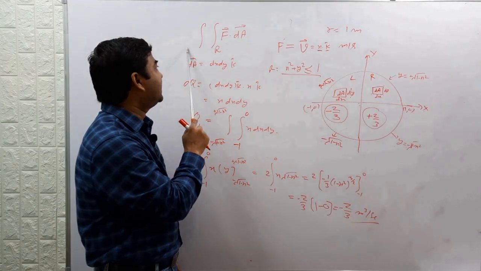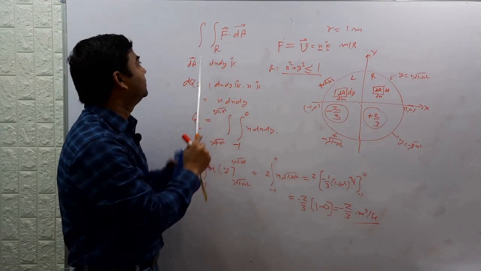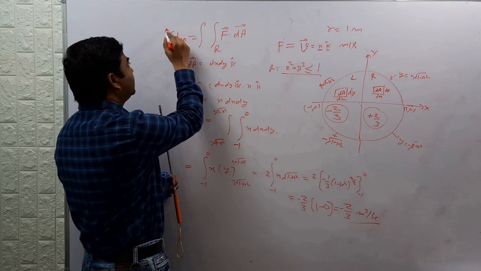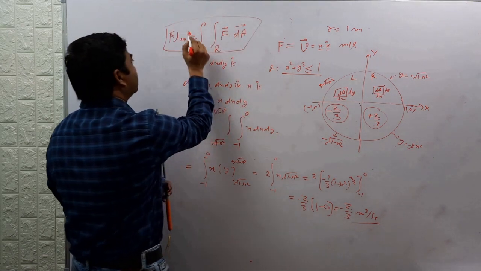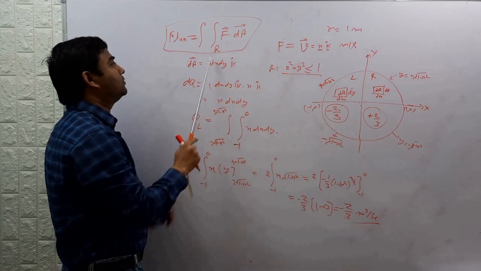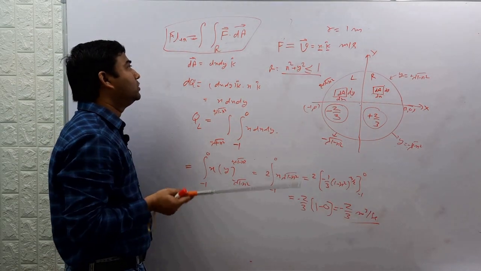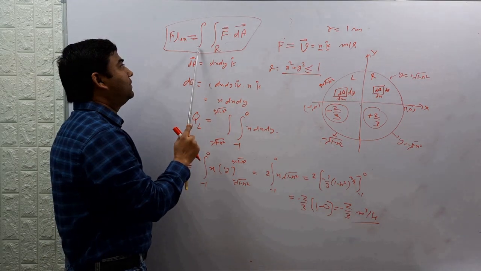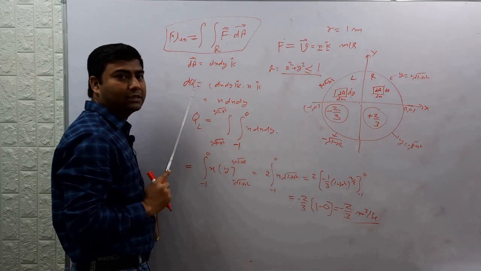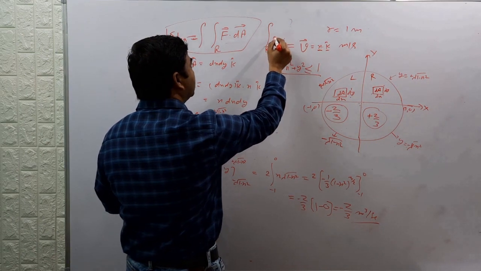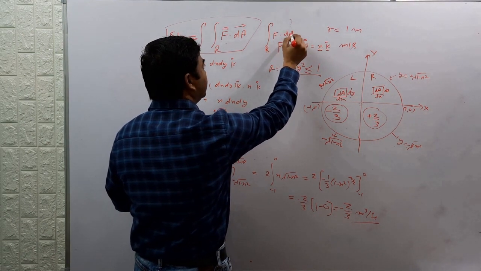But in standard form you will read flux written as this expression in vector calculus. Flux will be written in terms of this double integration expression, which you should never confuse to mean that flux is the only property of double integration. It can be found by single integration also, F dot dA.